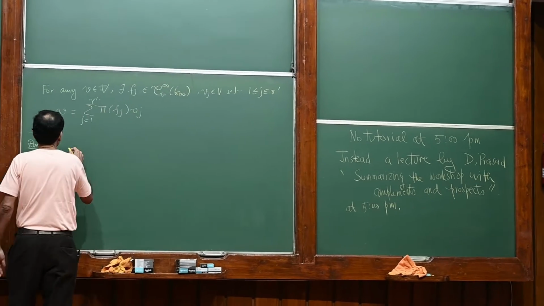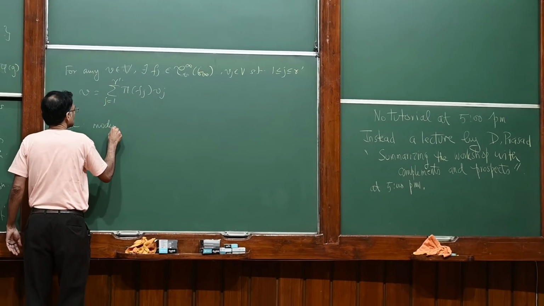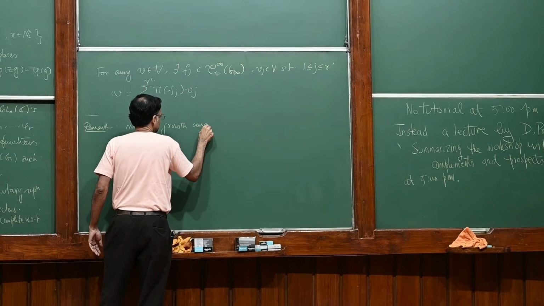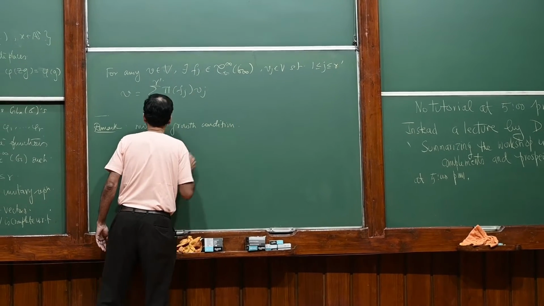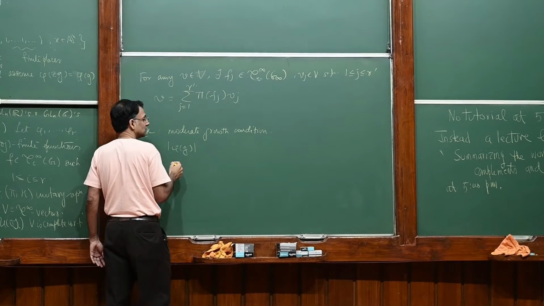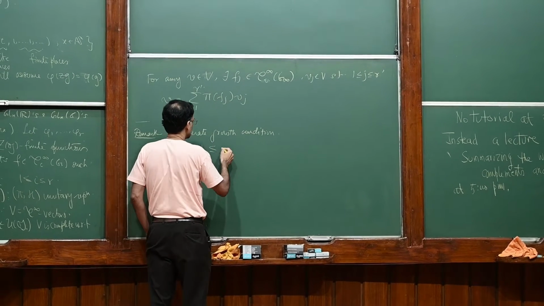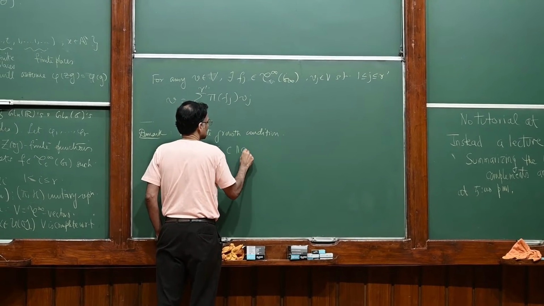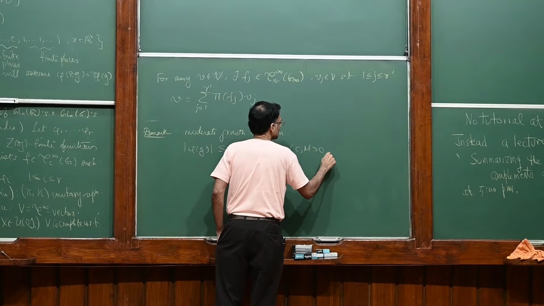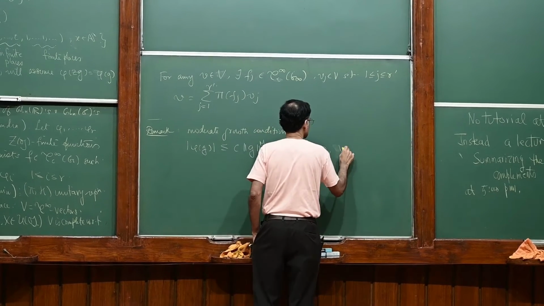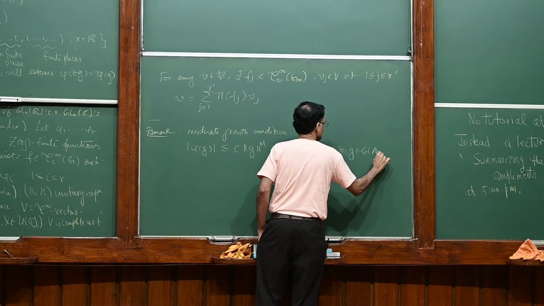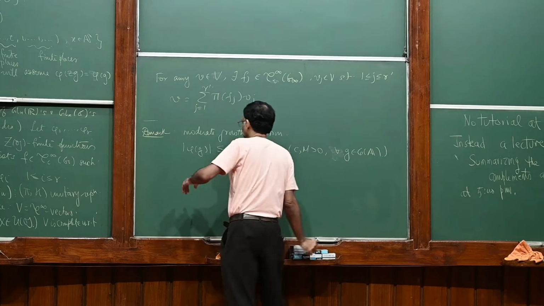The moderate growth condition was the following statement: that |phi(g)| is less than or equal to some constant C times the norm of g to the M, for some constant C greater than 0, for g in G(A).